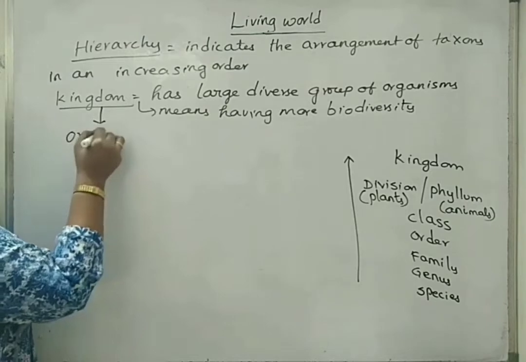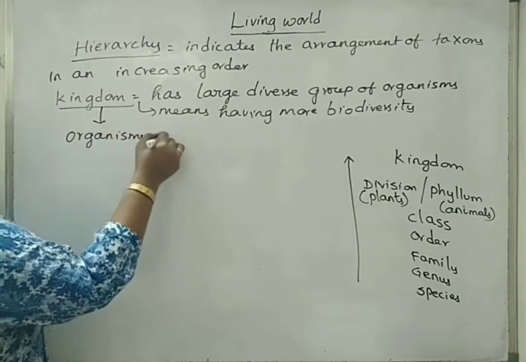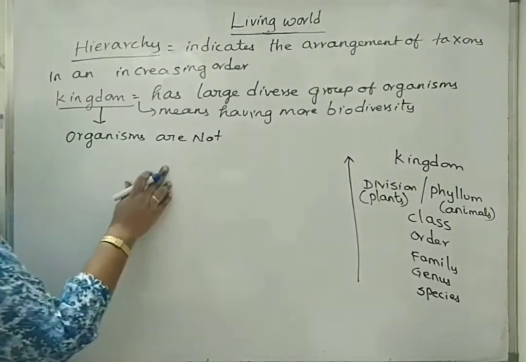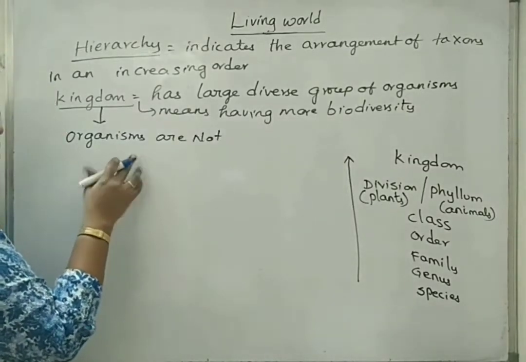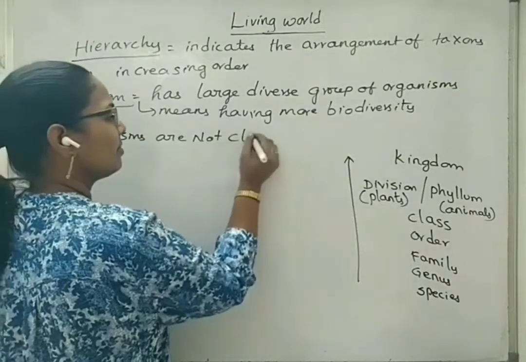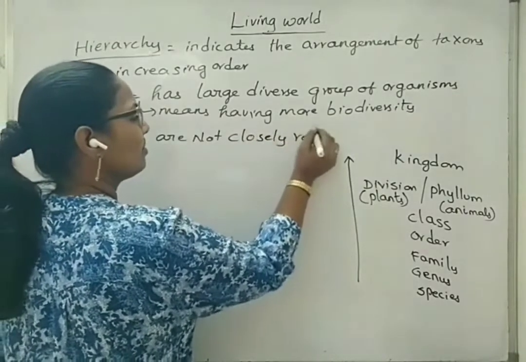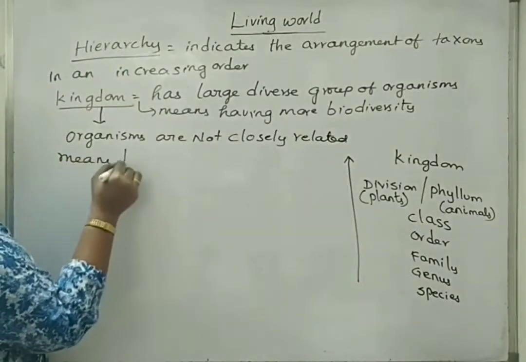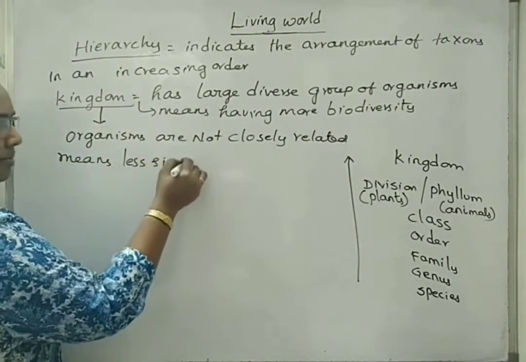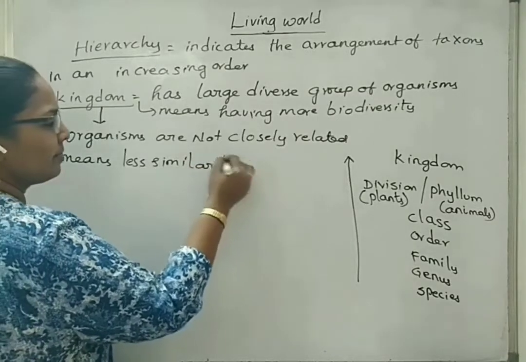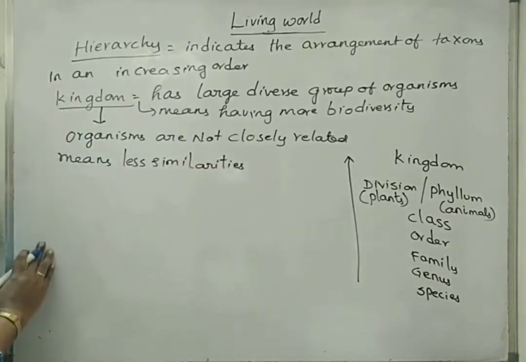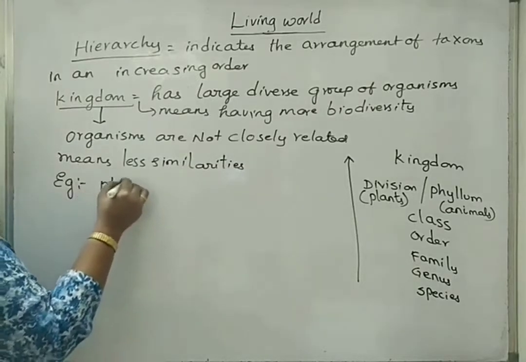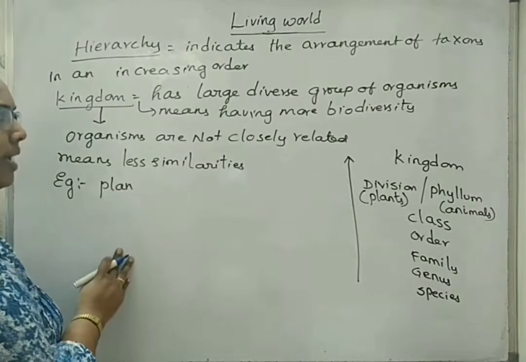Organisms are not closely related because more diversity means obviously relation or similarities will be less. It means less similarities. This is about kingdom. In kingdom, if we want to take some examples, it can be plantae or plant kingdom or animal kingdom.